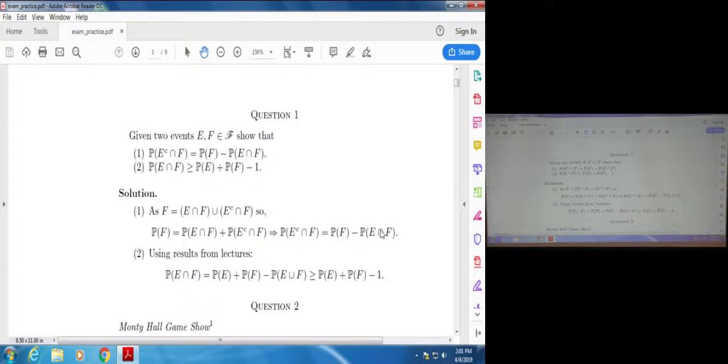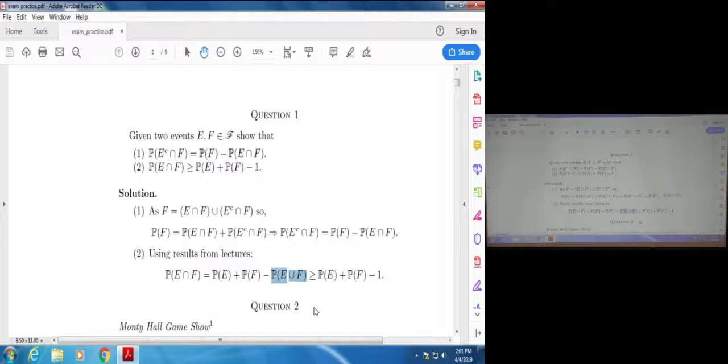The second one should look familiar; this is from your midterm. The probability of E and F is at least the probability of E plus the probability of F minus 1. We know that the probability of E and F is the probability of E plus the probability of F minus the probability of E or F. This is one of the first equations we saw when looking at probabilities, though we saw it the other way around. Now, this probability of E or F is at most 1.